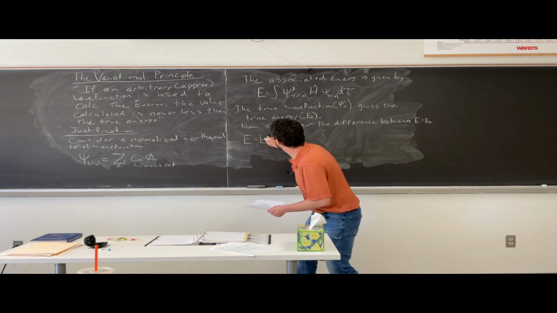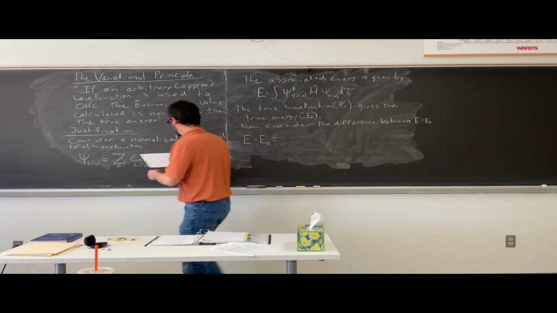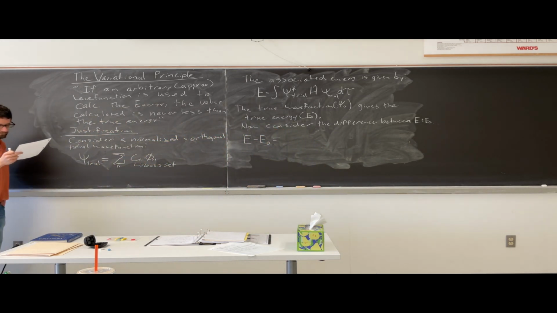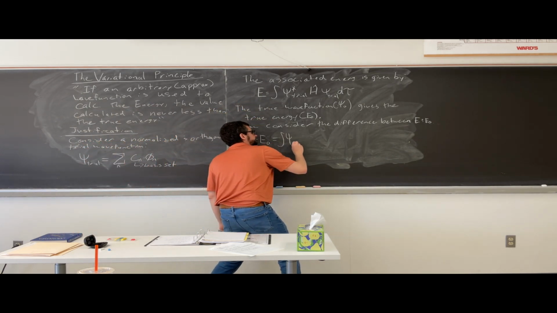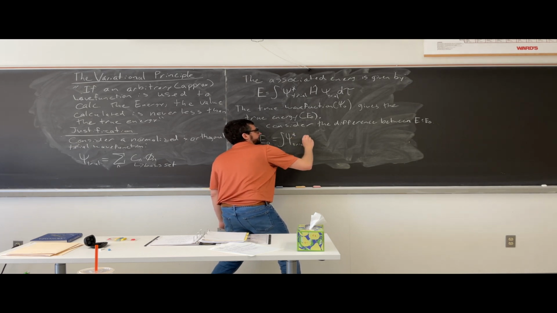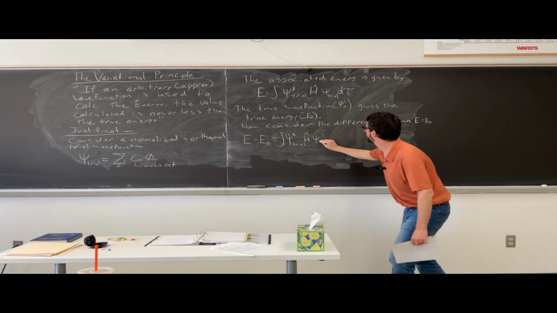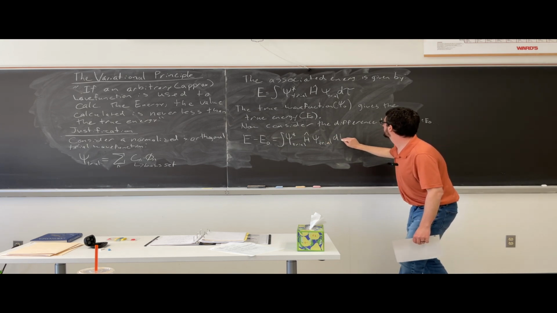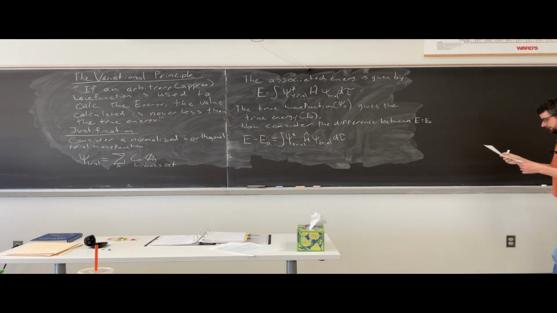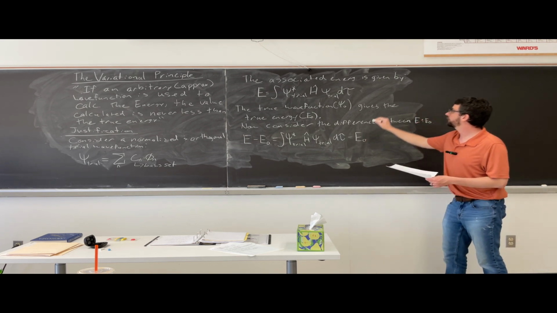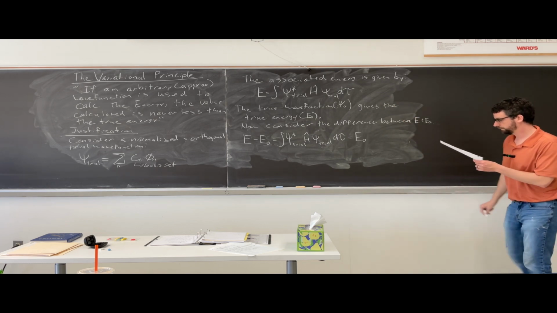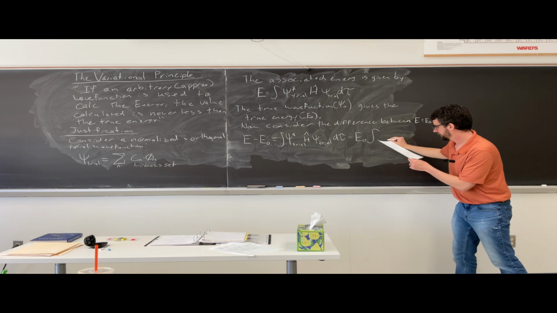So E minus E naught is going to be equal to, we could apply this integral in here, which we're going to do. But then we also could evaluate that integral for our true wave function. What we'll get out is this.